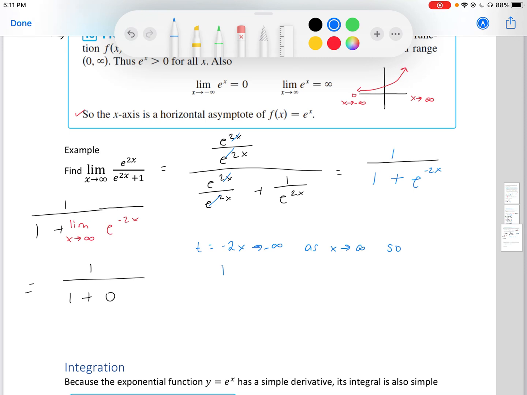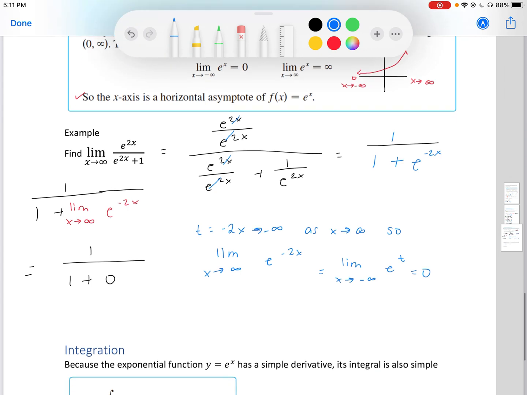So the limit as x is approaching infinity of e to the negative 2x is equal to the limit as x is approaching negative infinity of e to the t, which equals 0. So our answer for this problem is just 1 over 1, which is 1.